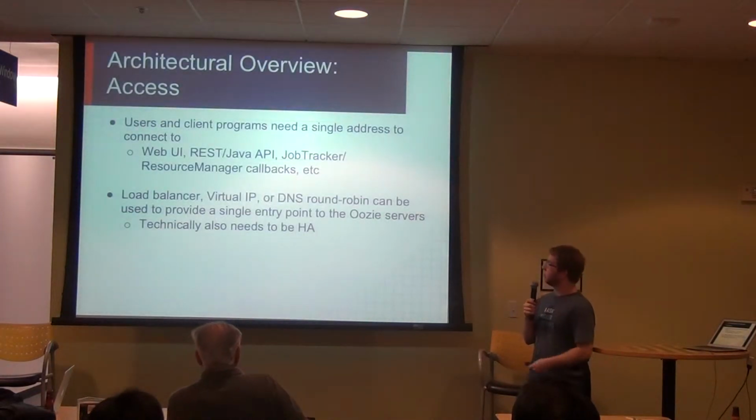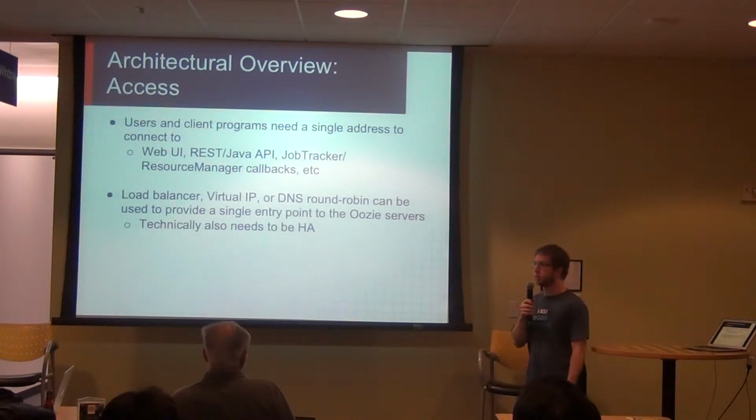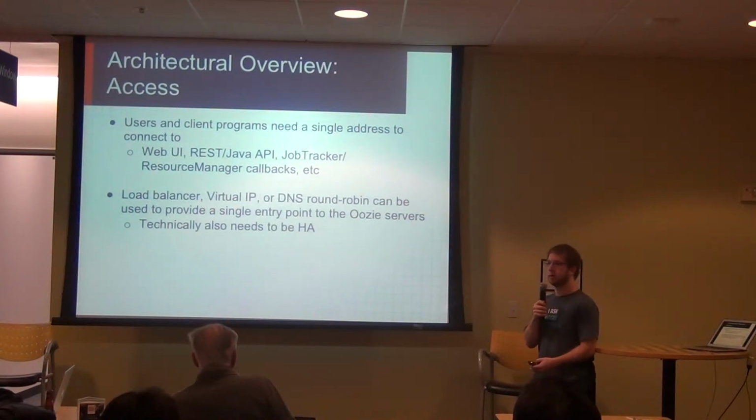The next part of the architectural overview is how you talk to Oozie. Everything goes through a REST API normally, and that includes the web UI, the Oozie client, even the Java API ultimately goes through REST, and any other programs that users have written or queue or whatever. So those things are all expecting to have a single entry point that they can talk to.